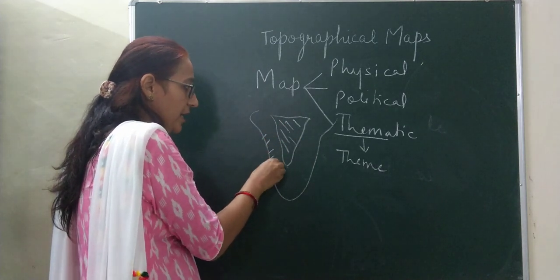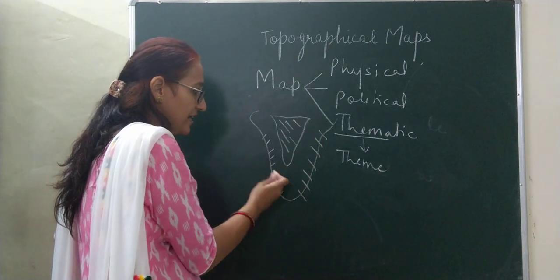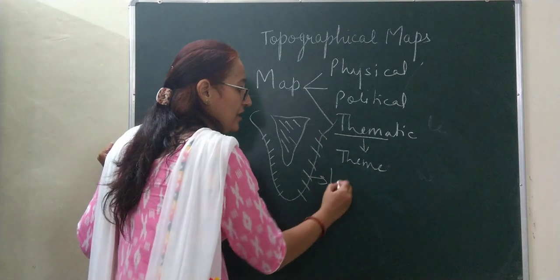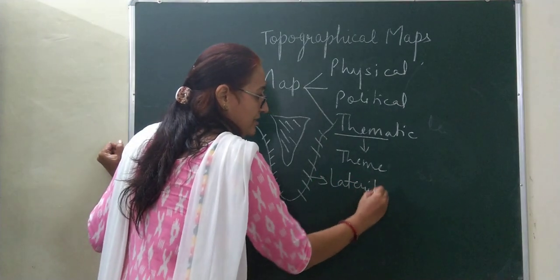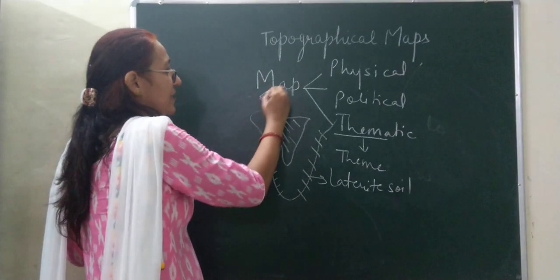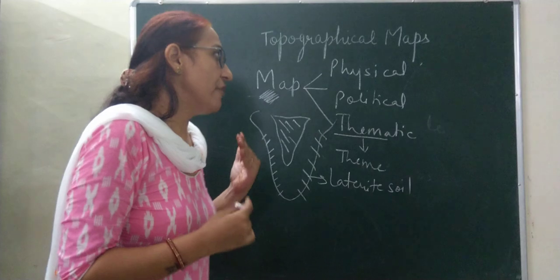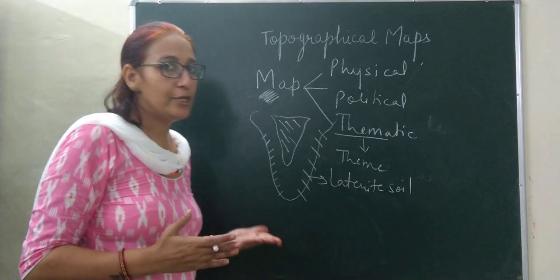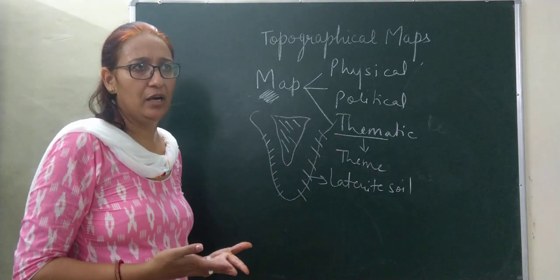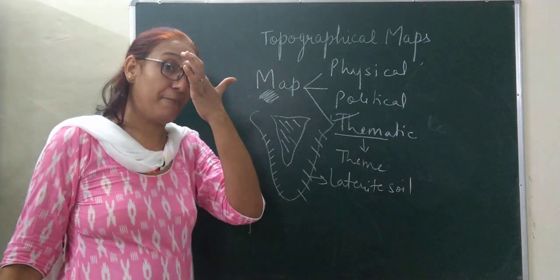Here are the Western Ghats and Eastern Ghats, covered with laterite soil. In Rajasthan there is desert or sandy soil. So if a map tells only about soils, or only rivers of India, or of any country, that is considered a thematic map.